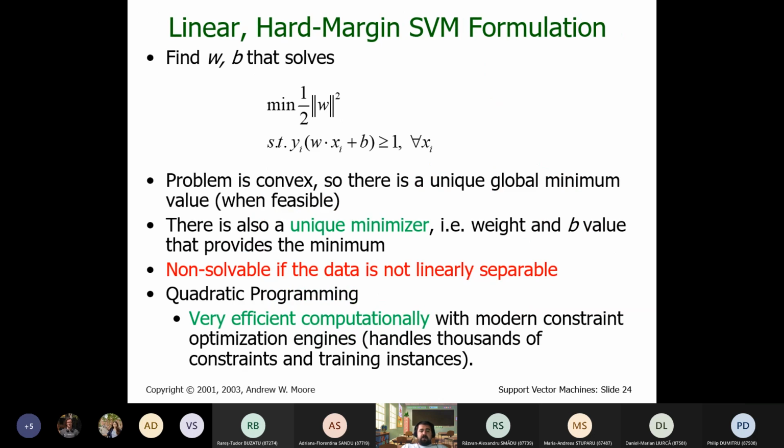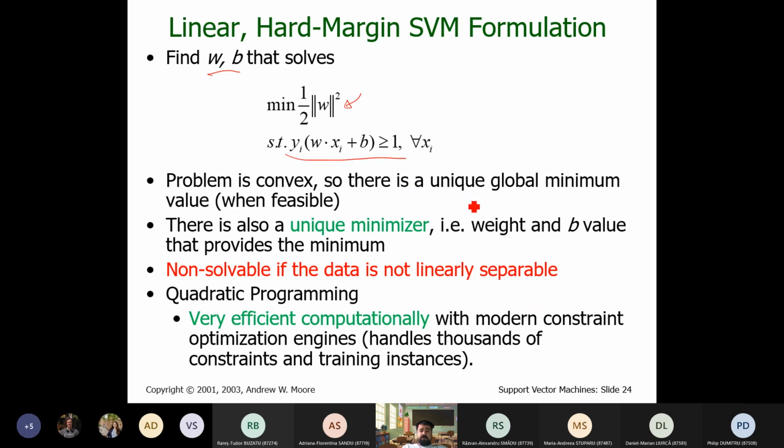Now, we get back to the problem. We need to find W and B that will minimize half the norm of W, with respect to these constraints, yi multiplied by wxi plus b to be greater or equal to 1. Fortunately, the problem is convex, so there is only a unique global minimum.